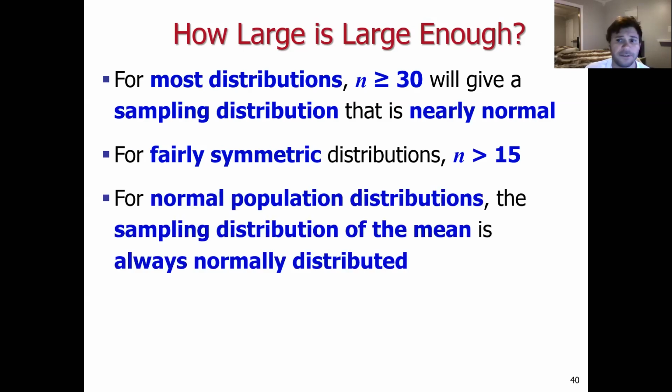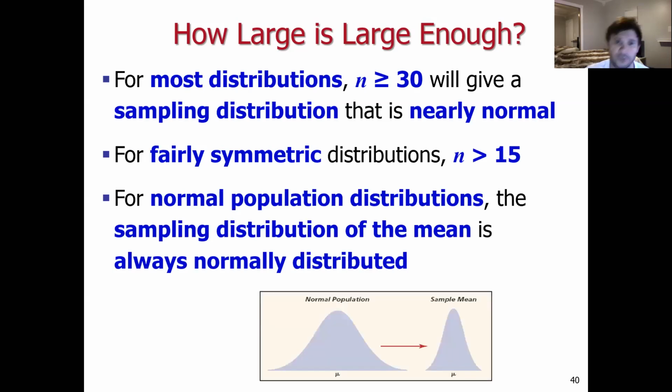And again, if the population distribution is already normal, then the sampling distribution for the mean will always be normally distributed.